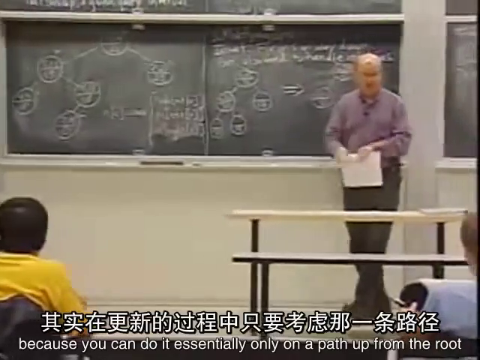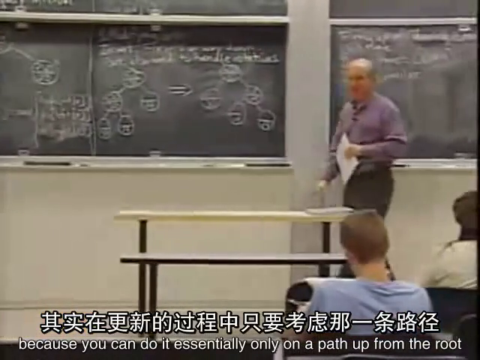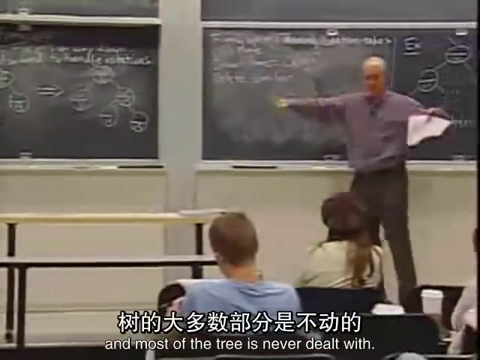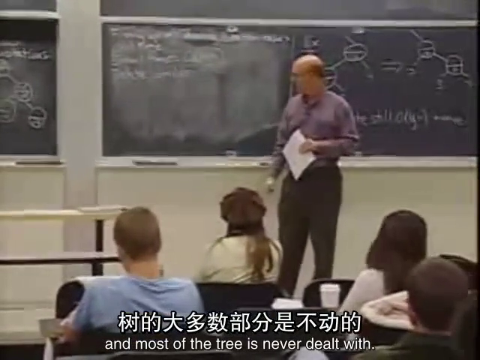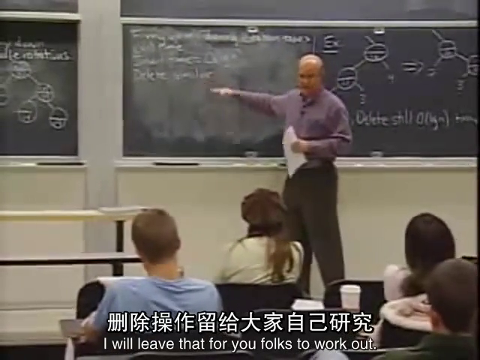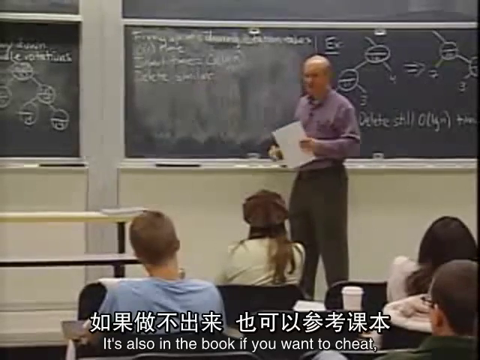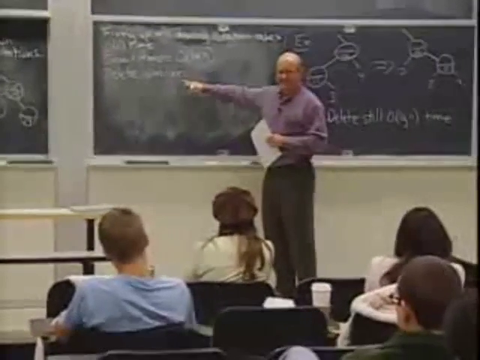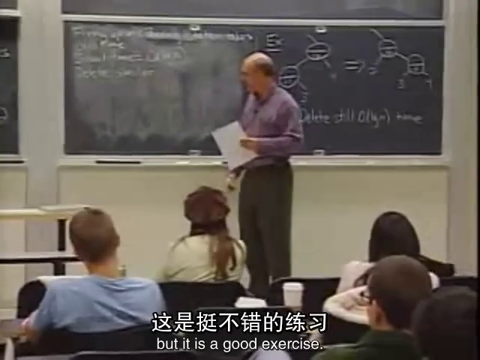Because you can do it essentially only on a path up from the root, and most of the tree is never dealt with. So I'll leave that to you folks to work out. It's also in the book if you want to cheat. But it's good exercise.